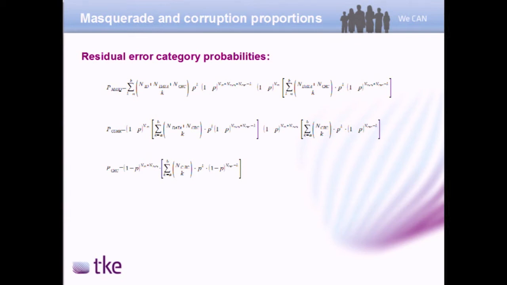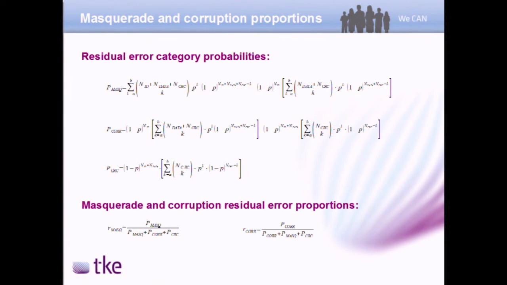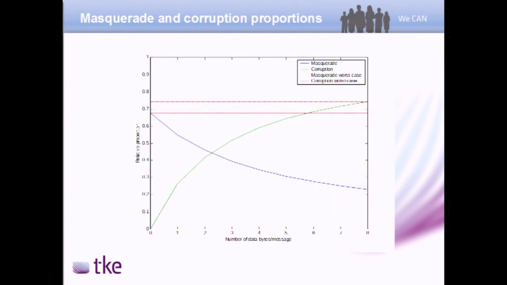The only possibility was to analyze, based on the bit error probability P, which are the raw probabilities. And after that, it was easy to compute the proportion of the residual errors falling into masquerade or corruption. And we got this kind of values.